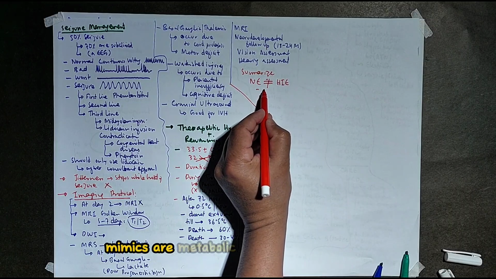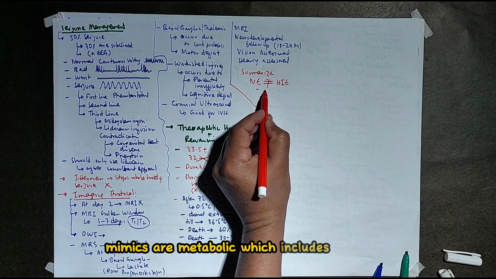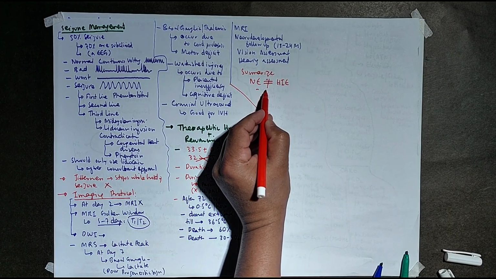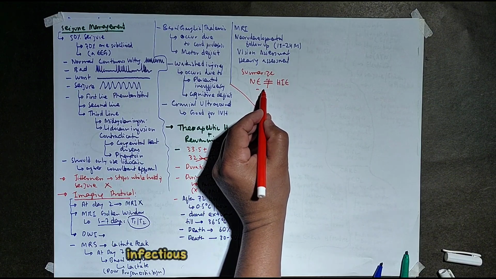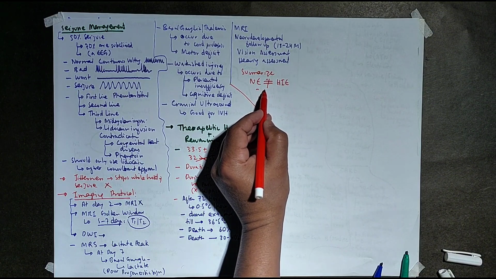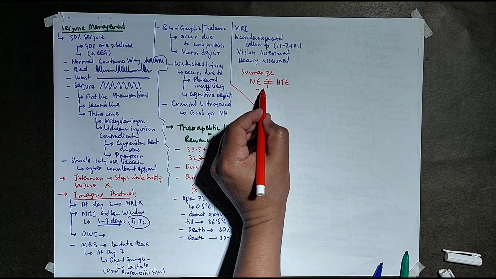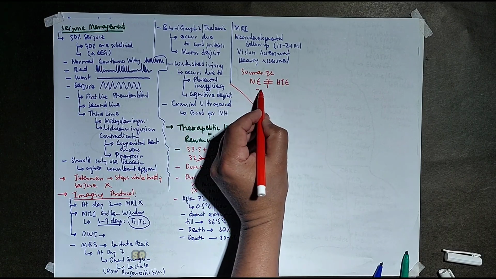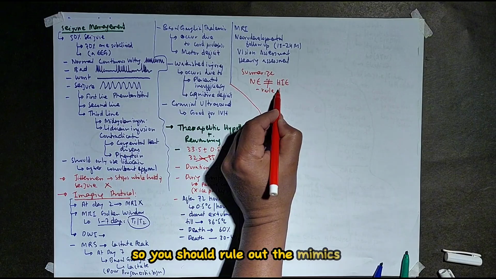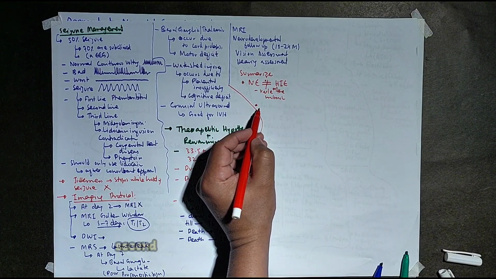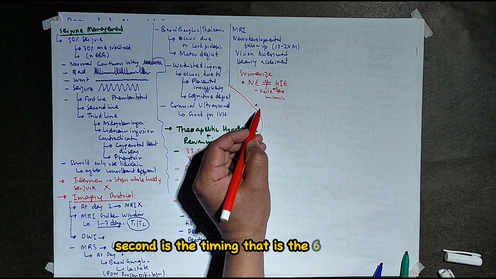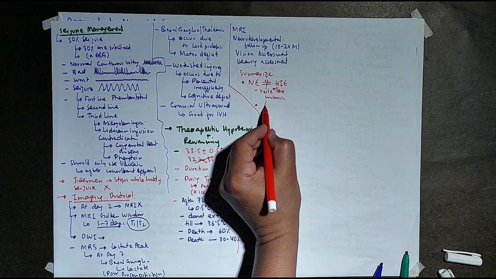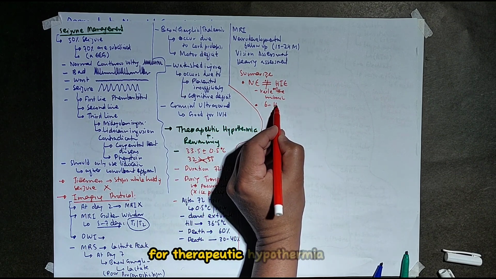Mimics are metabolic, which includes urea cycle defect, molybdenum cofactor deficiency, infectious meningitis or encephalitis, stroke, SMA. So you should rule out the mimics. Second is the timing. That is the 6-hour window for therapeutic hypothermia.